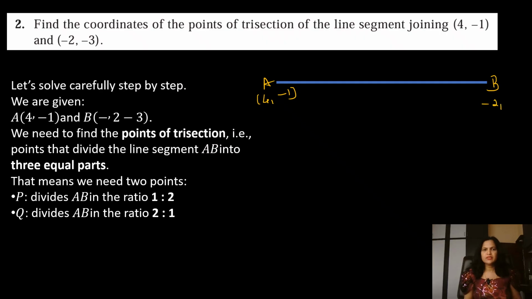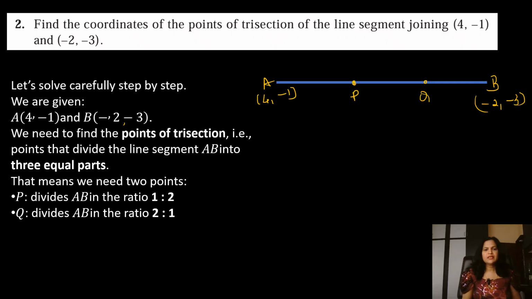B is (-2, -3). We need to find the points of trisection, that is the points that divide the line segment AB into 3 equal parts, that is P and Q.